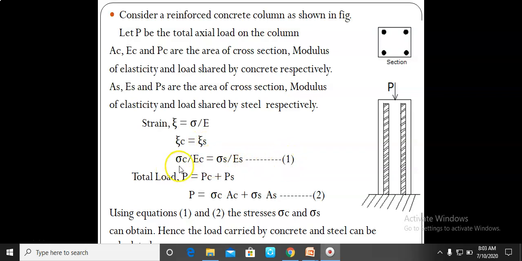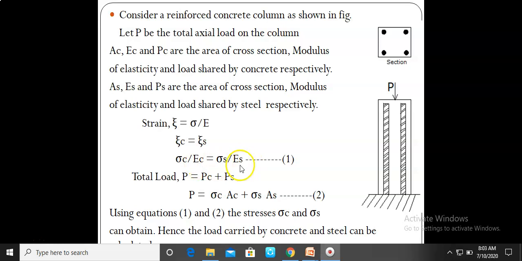From this we can write sigma C in terms of sigma S. That is, sigma C is equal to sigma S into EC by ES, or sigma S equal to sigma C into ES by EC, where ES by EC is nothing but the ratio between Young's modulus of steel and Young's modulus of concrete, which is called the modular ratio of that material.